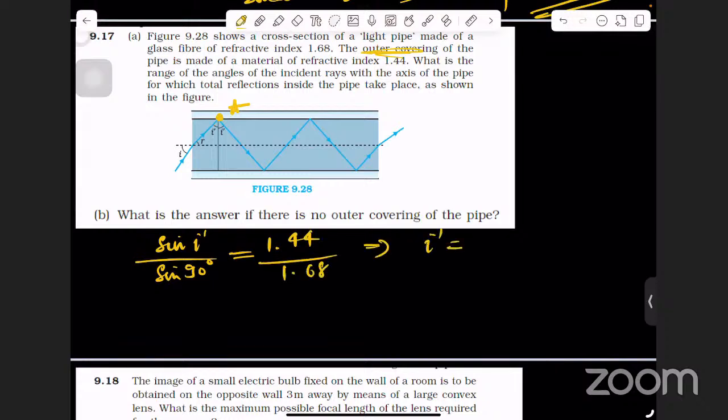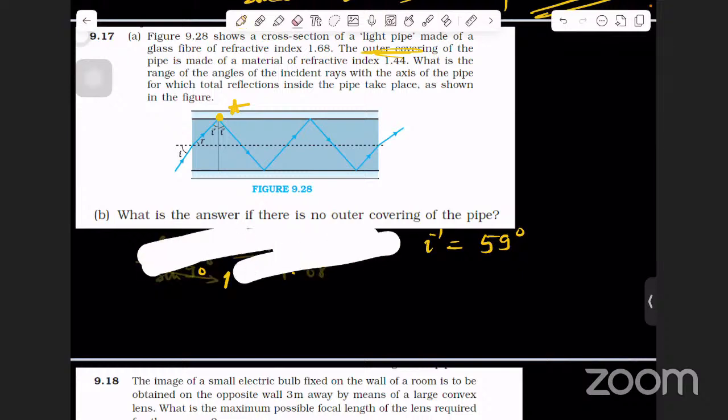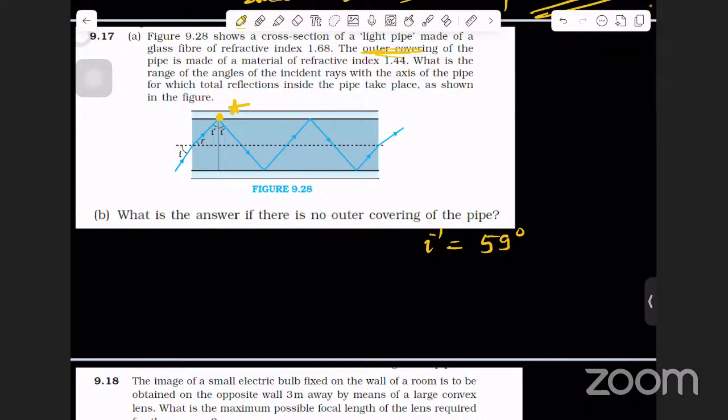From here you get I dash as 59 degrees. This value is 1, right? So if this is I dash, it is 59 degrees, so this R will be 90 minus 59 degrees, which is 31 degrees.